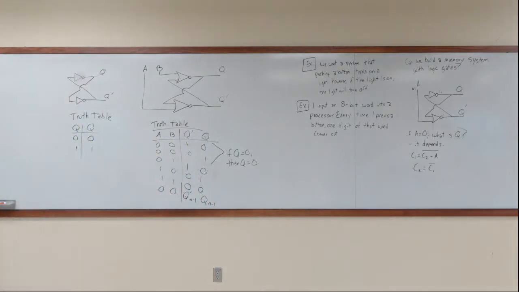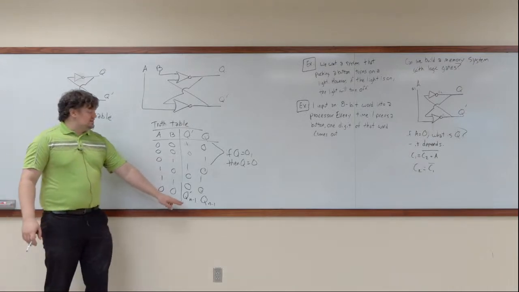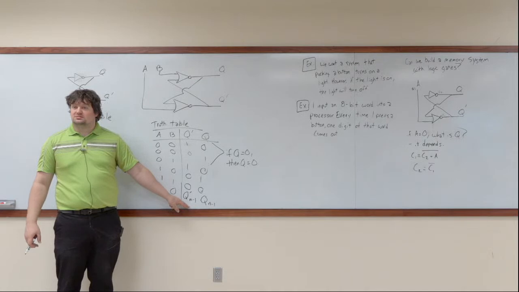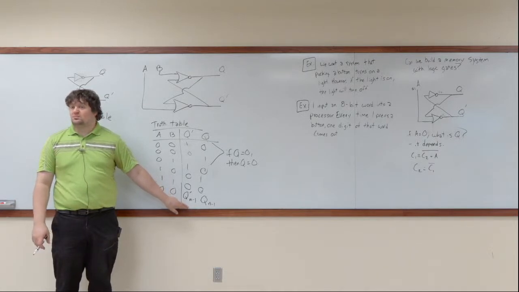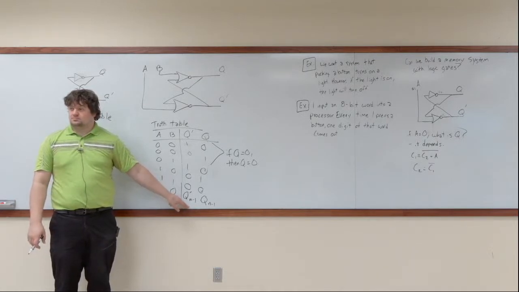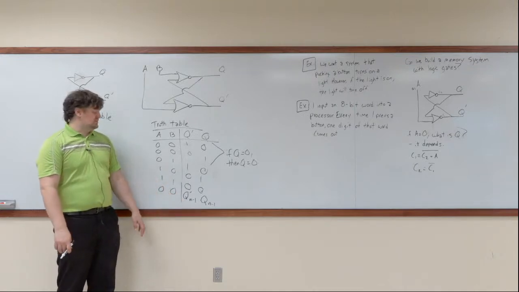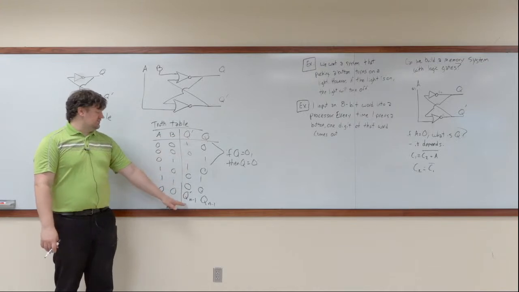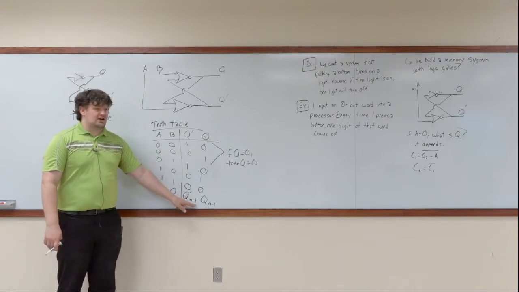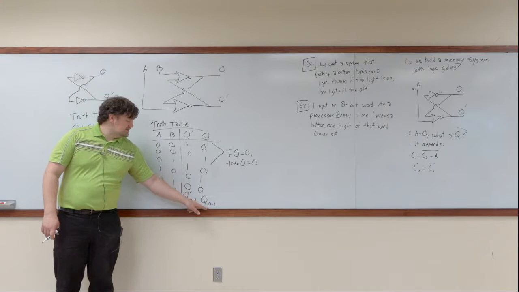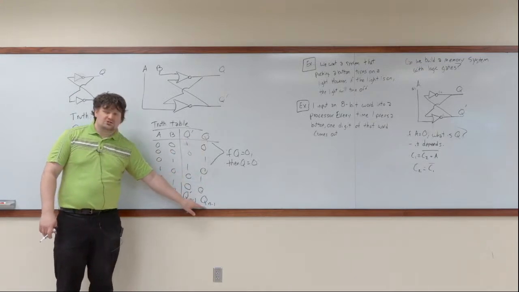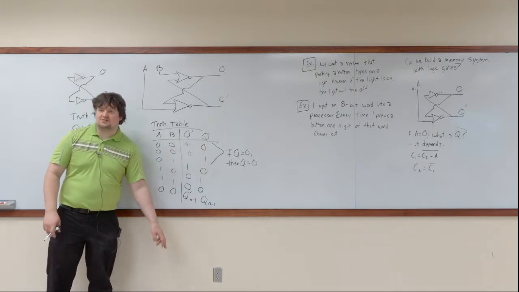Now, what does that mean? This means that whatever the state was prior is the state that it is now. Okay? That's all that that means. This is equal to itself just in the previous iteration. Again, this is equal to itself just equal to itself in the past.